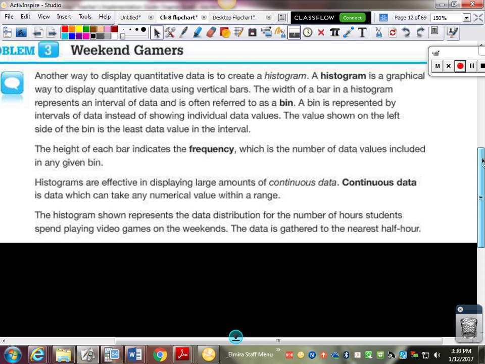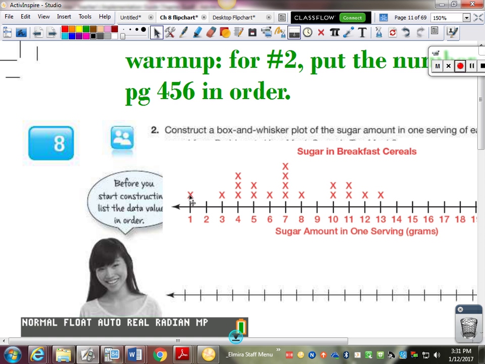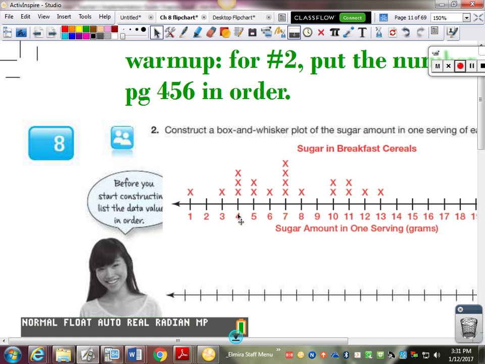For example, you can't do a dot plot for data that has a decimal to it, because where are you going to put an x if it's 1.2? It starts getting too complicated when the x's could be literally anywhere along this line.